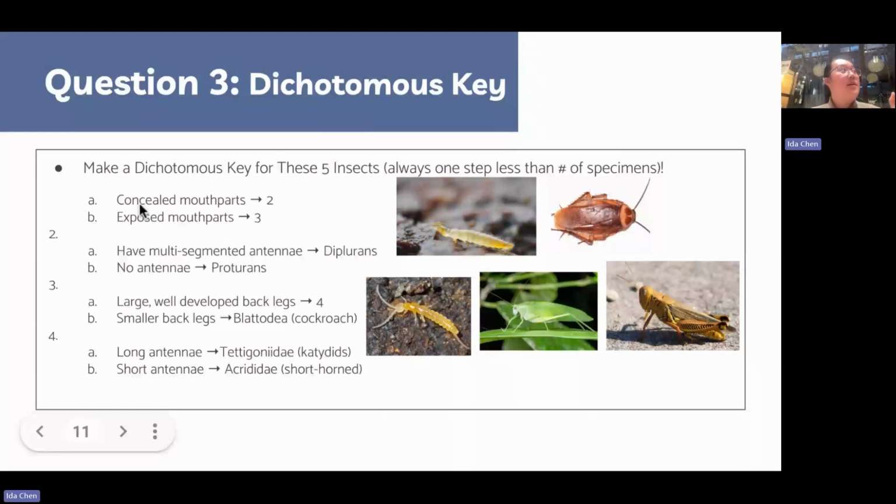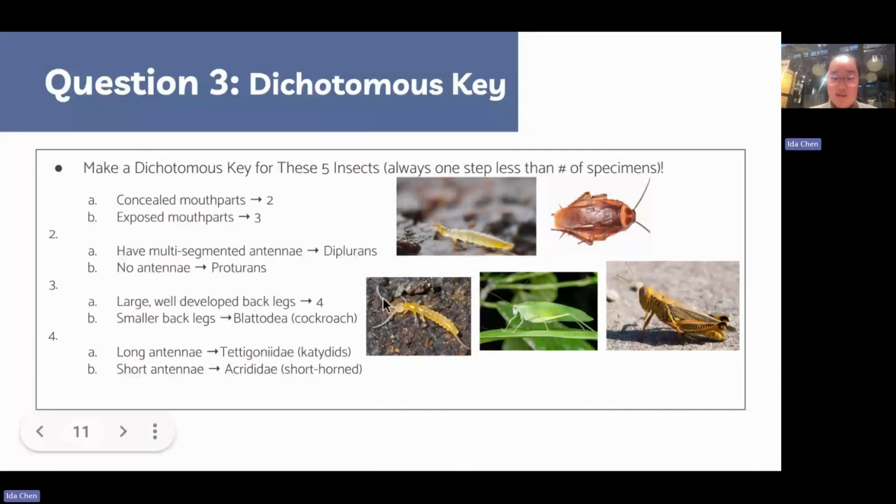Then one of the big distinguishing characteristics is, do they have mouth parts that are concealed within the lobes of their head, or do they have exposed mouth parts? If they have concealed mouth parts, then we go to step number 2, because then you have to distinguish between the proturans and the diplurans.